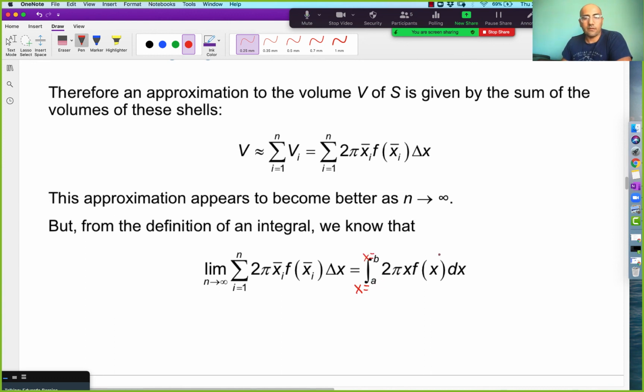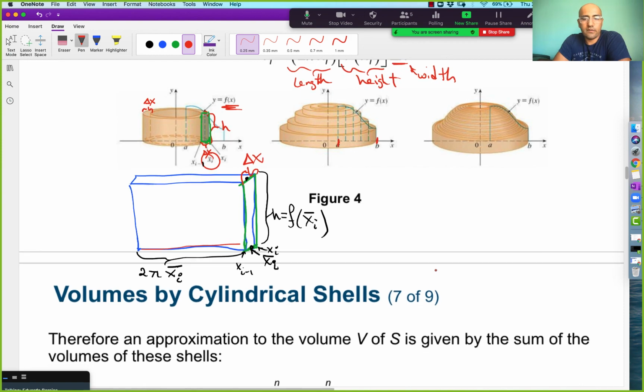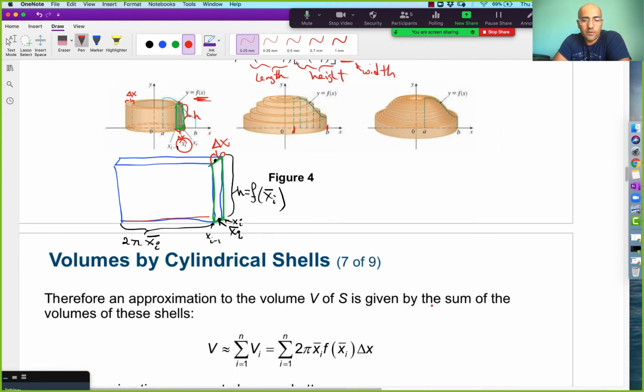Looking at my picture over here, we're going to let it go from there to there. So in this little image, there will be a hole in the center. Any questions so far?